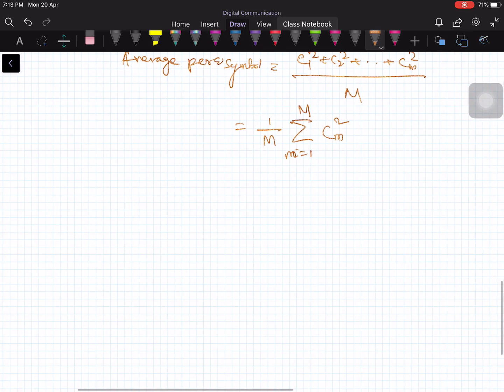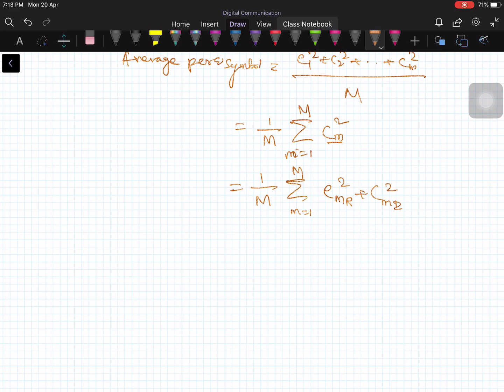So it is Cm square, right? Or you can say 1 over capital M times summation m equals 1 to capital M. The real part, you can replace this guy by Cm r square plus Cm i square. Okay, and take the whole thing. And let me denote this average symbol energy as Ec.